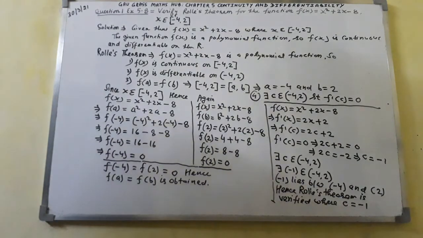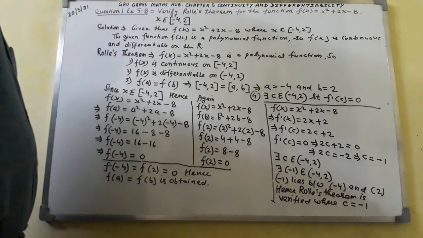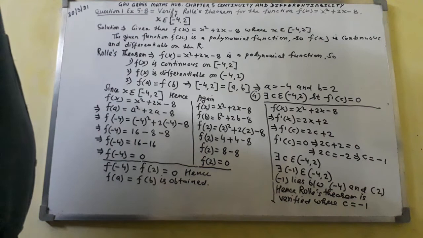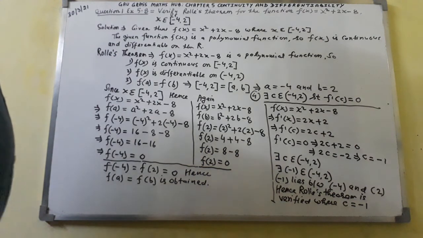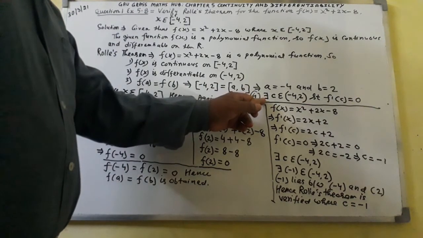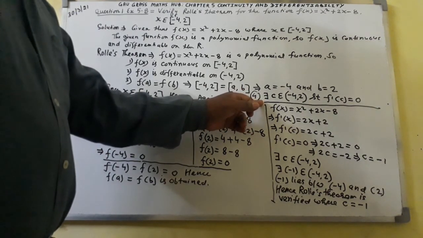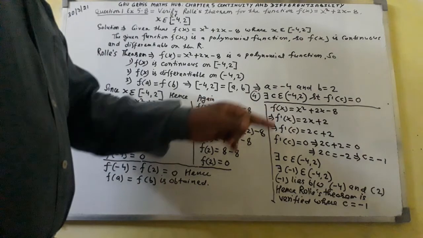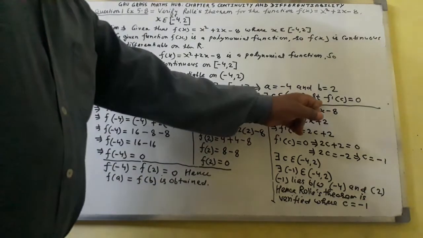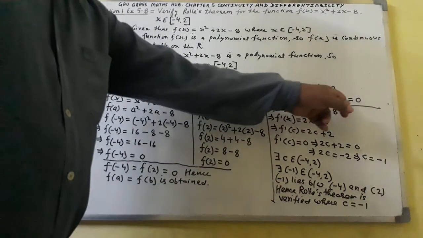This is the proper explanation and solution of question number 1 that has been taken from exercise 5.8, chapter 5, continuity and differentiability. Here, this mathematical symbol means there exists, and the other means such that f dash c is equal to 0.